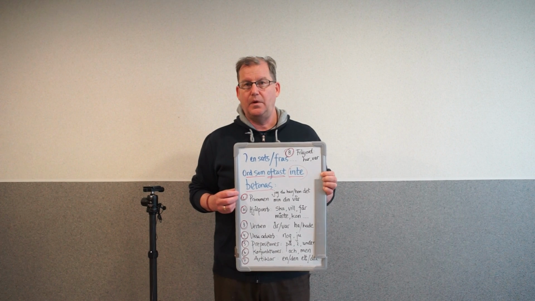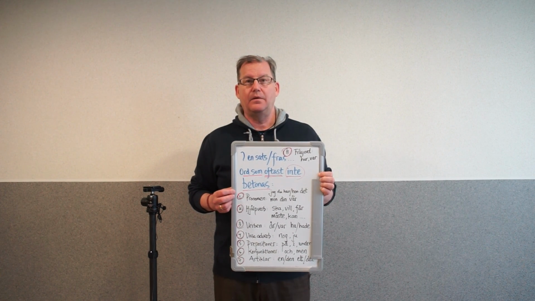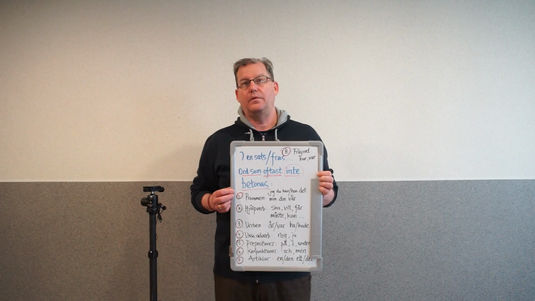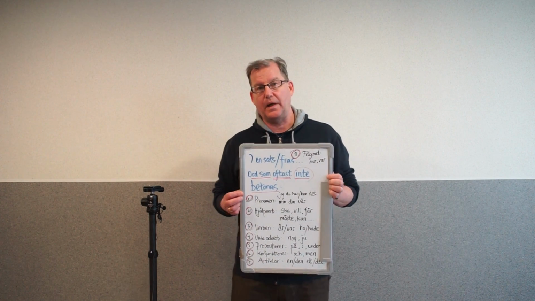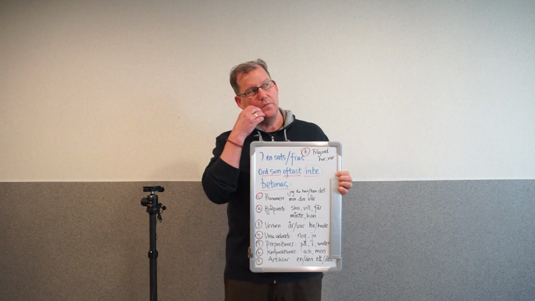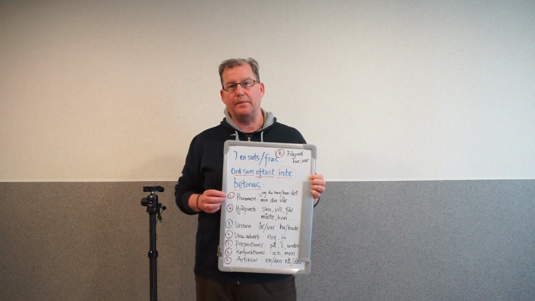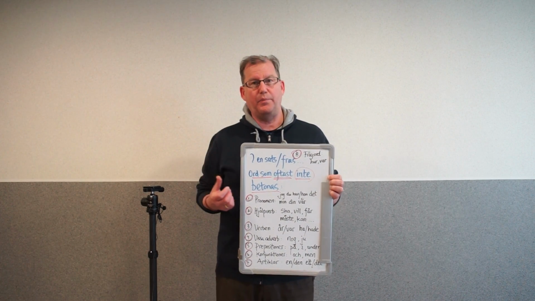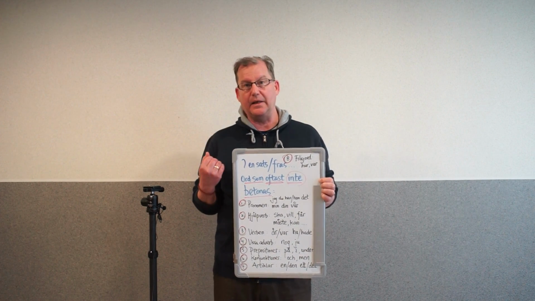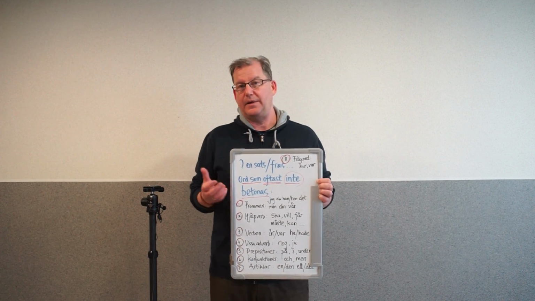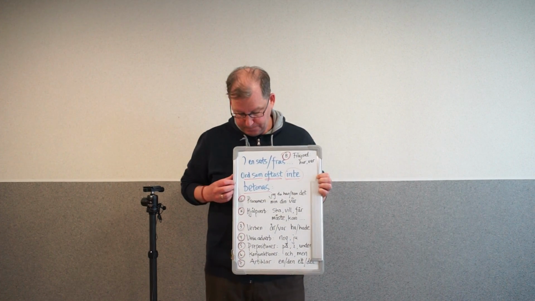For example, mig, dig, honom, henne, oss, er, dem. Okay. So those are other pronouns. And finally, the ownership, possessive pronouns, min, din, hans, hennes, våran, eran, deras. All of those are pronouns.